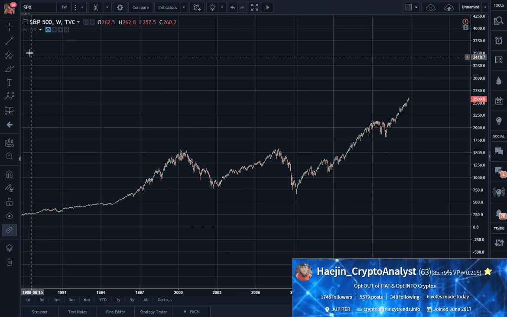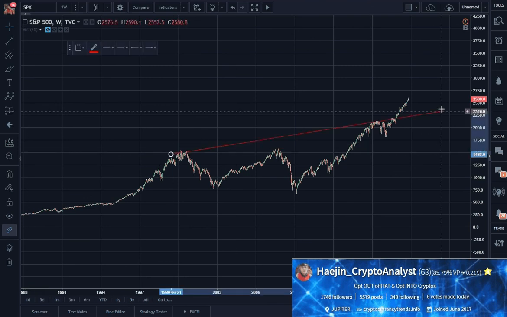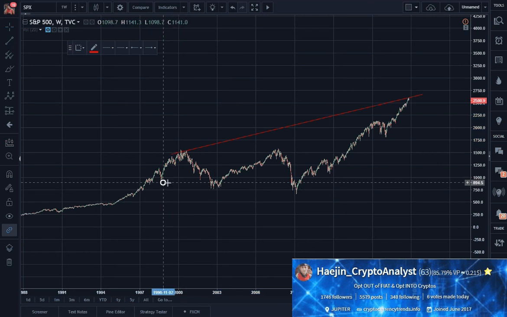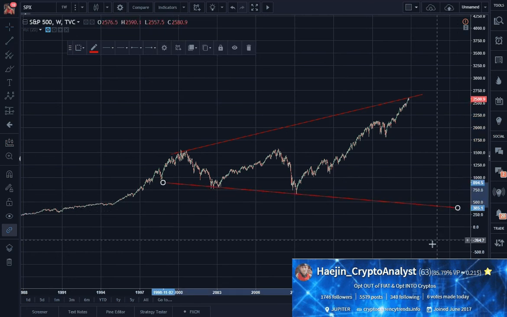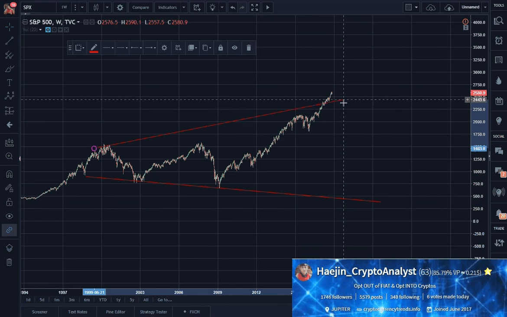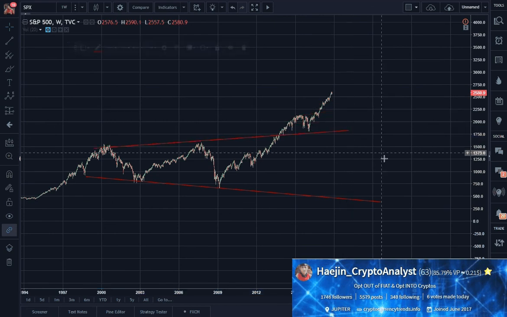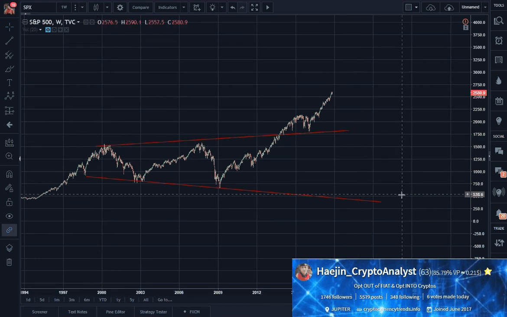Here's the S&P 500. Now, that's what I think. You have A, B, C, D, E, and it failed. It didn't come back down, and it crushed it. It just crushed it. It touched this top and went up again.